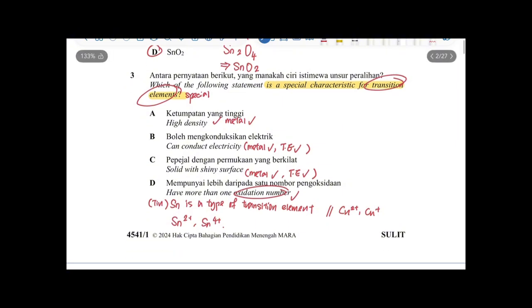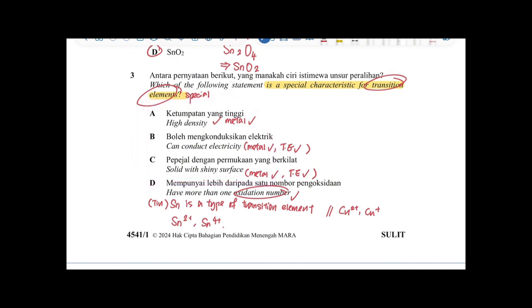B is can conduct electricity, but metals can also conduct electricity. C is solid with shining surface, also the same. Transition elements and metals share the common characteristics of A, B, and C.